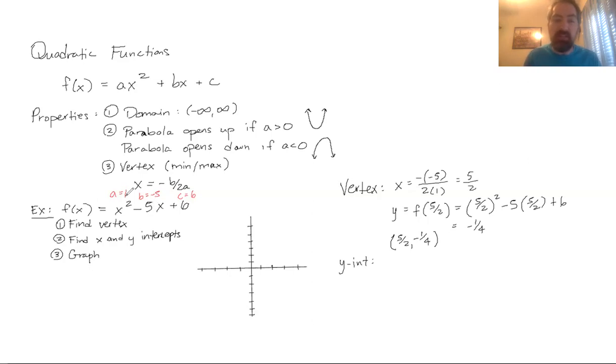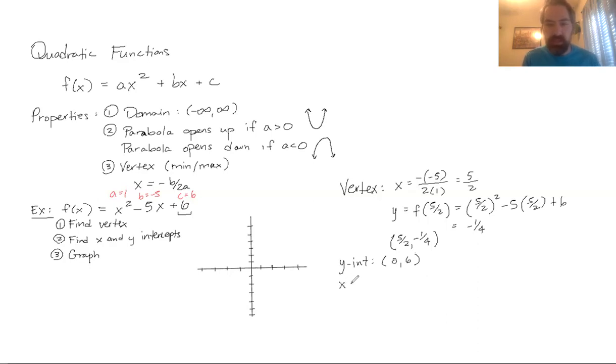So all we have left is 0 plus 0 plus 6. The y-intercept can be found by the constant of that quadratic function. So no work to show. You can show work if you like, but it's not necessary. The y-intercept is the constant of the function.